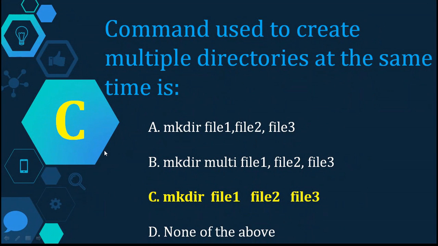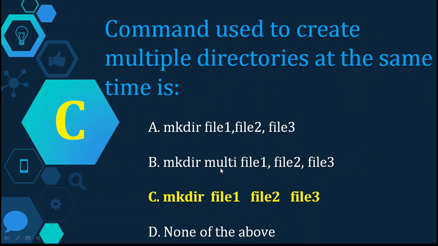Now let's justify why this one is correct and why the other options are incorrect. Option A, mkdir file1, file2, is the wrong syntax. We cannot separate the files with a comma. Talking about option B, we don't have any keyword like multi here.